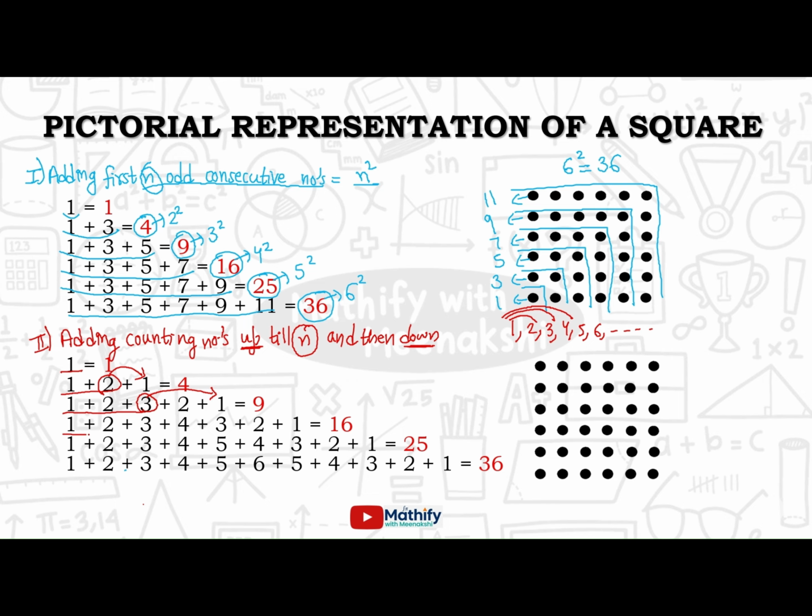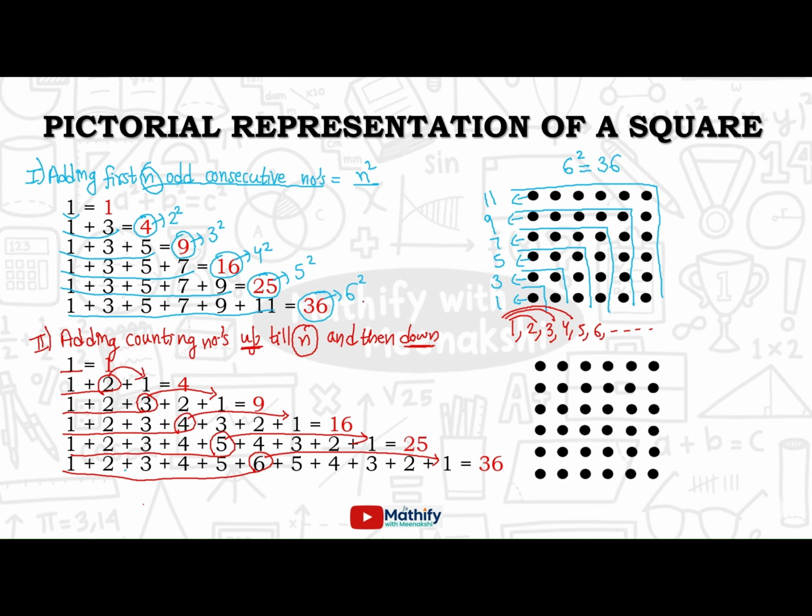In the fourth step, you write 1 plus 2 plus 3 plus 4, then you stop, and then you come back plus 3 plus 2 plus 1. In the fifth step, 1 plus 2 plus 3 plus 4 plus 5, then you stop, that is counting up till 5, then you come back 4 plus 3 plus 2 plus 1. In the sixth step, you say 1 plus 2 plus 3 plus 4 plus 5 plus 6, that is counting up. Now down, 5 plus 4 plus 3 plus 2 plus 1.